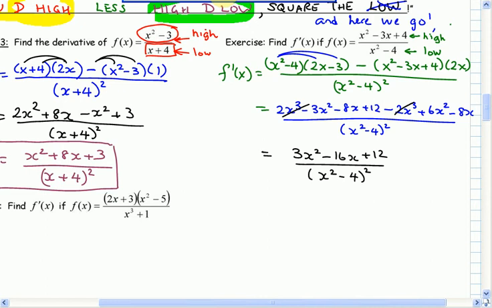The last exercise. Whoa. This one seems to involve a quotient. Right? Here's your high. And here's your low. And then I got brackets in the high, so that looks like product rule. Now, you could just expand this out first, and then treat it as quotient rule only, yes.